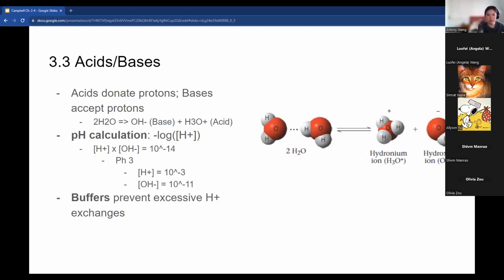Is there a conversion between whole pH numbers and the 10 to the power of X thing? Yeah. So if you have a solution with a pH of 3, that means the concentration of hydrogen ions is 10 to the -3.